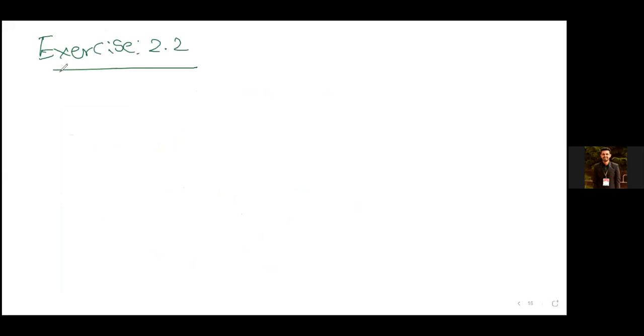Exercise 2.2. I'll pick up the second one. Find the zeros of the following quadratic polynomials and verify the relationship between zeros and the coefficients. Given 4s square minus 4s plus 1. First, I need to factorize this and find out the zeros.